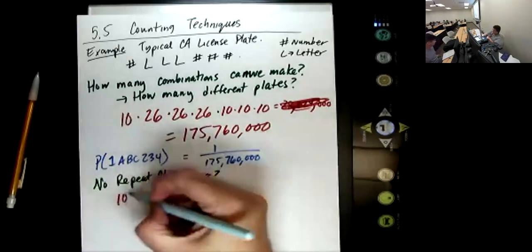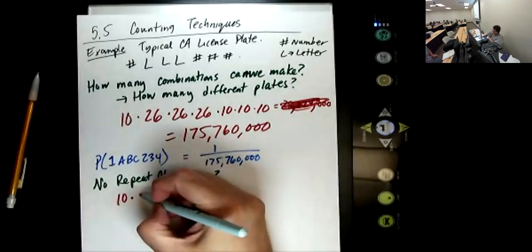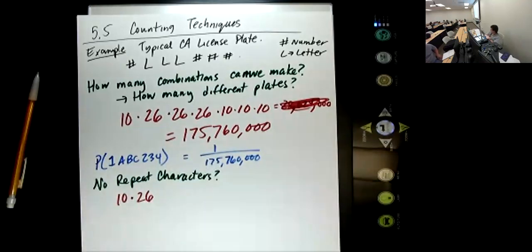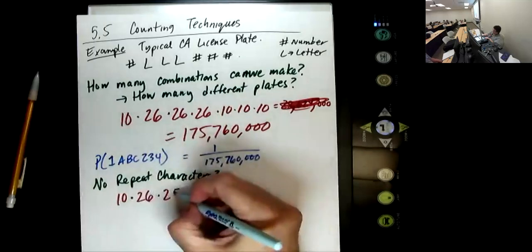It can be 10. The first letter can be any of the 26 letters. Let's say we pick D. How many letters do I have to choose from for the second character? 25. It's 1 less, right?